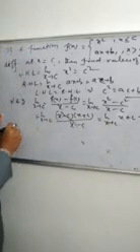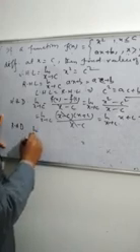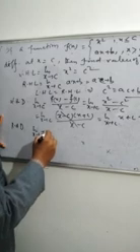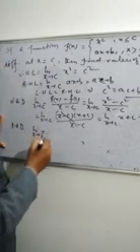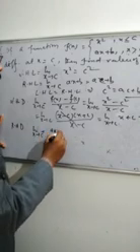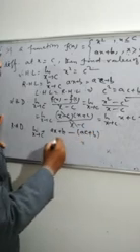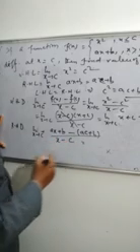Similarly, the RSD is limit x tends to c plus of f of x minus f of c by x minus c. The f of x value is ax plus b, minus f of c, which is ac plus b, by x minus c.